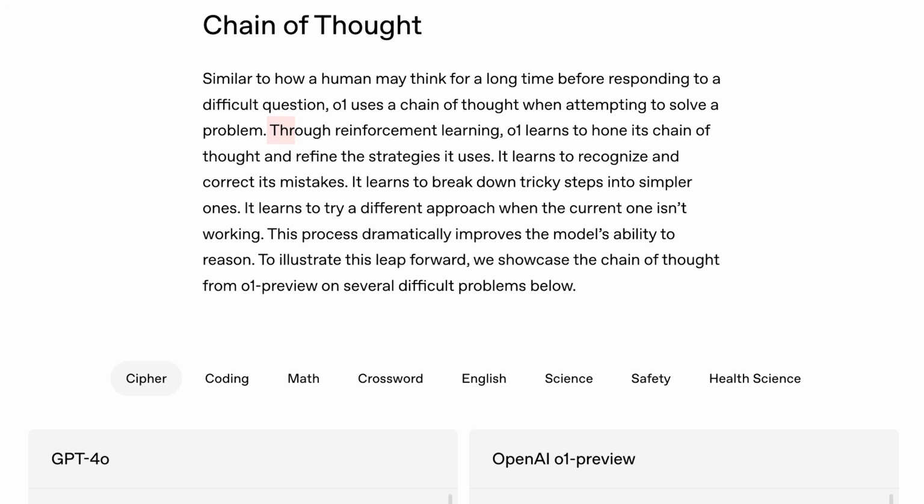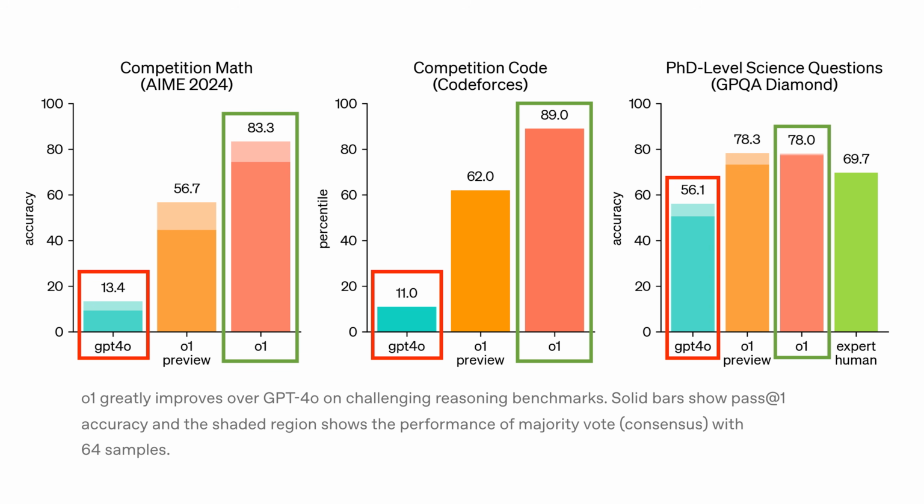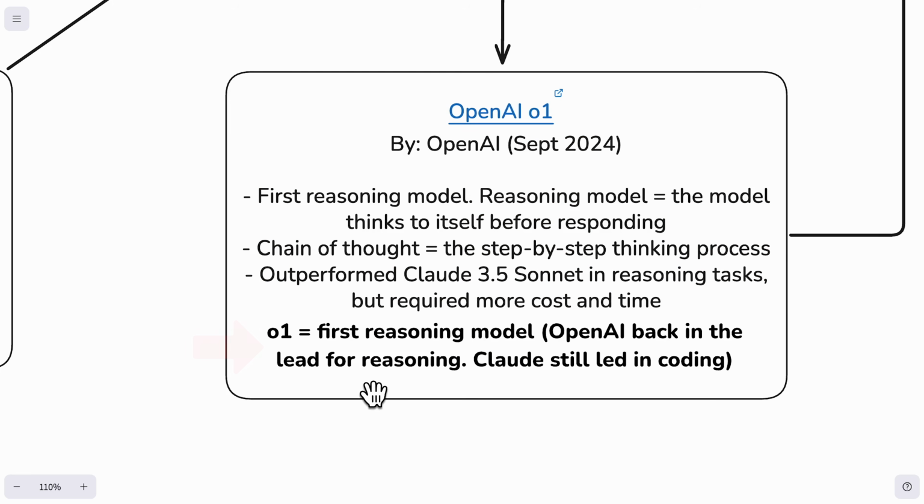The model was trained using reinforcement learning by doing thousands of math and logic problems and being scored not only on the correct answer, but also on its thought process. And it became much better at solving problems overall. This put OpenAI back in the lead for reasoning, although Claude was still better for everyday coding.